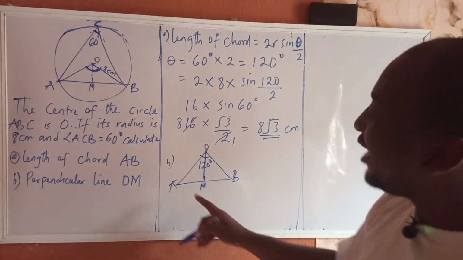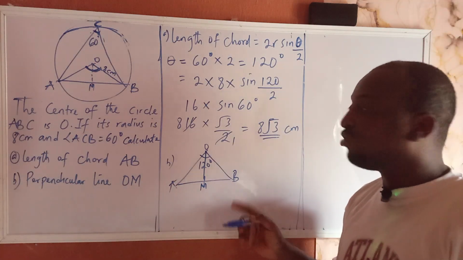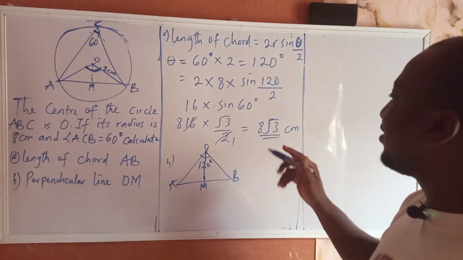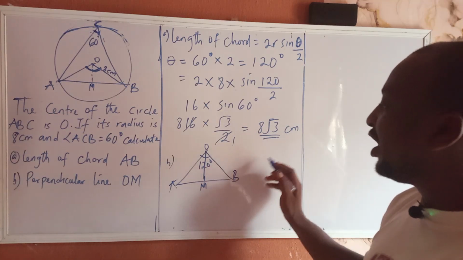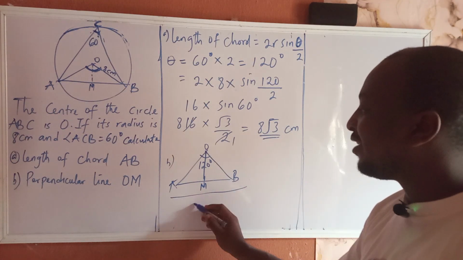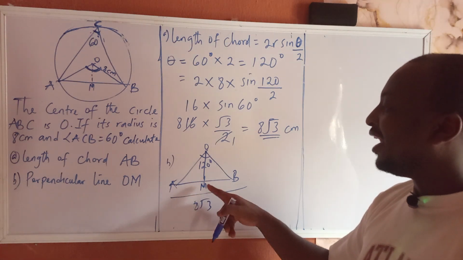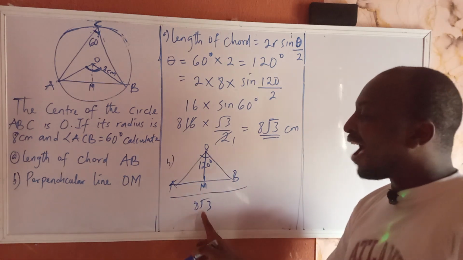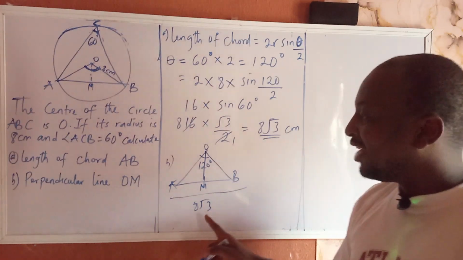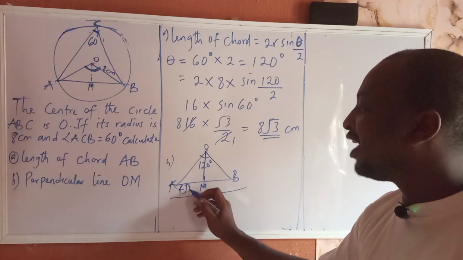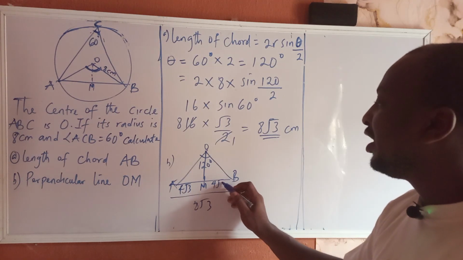That line divides line AB into two equal parts. We just calculated the length of AB as 8 root 3. That means length AM and length MB will be half of 8 root 3, that is 8 root 3 divided by 2. So we have 4 root 3 here and another 4 root 3 here.